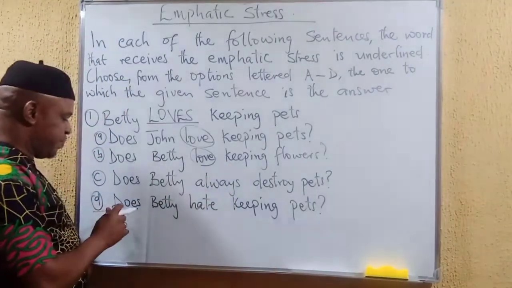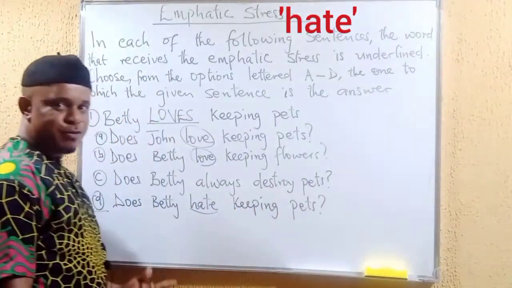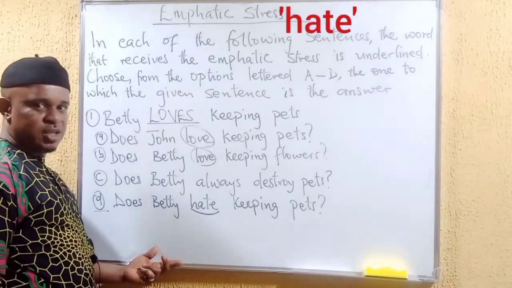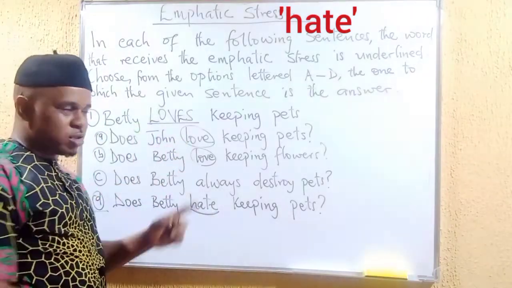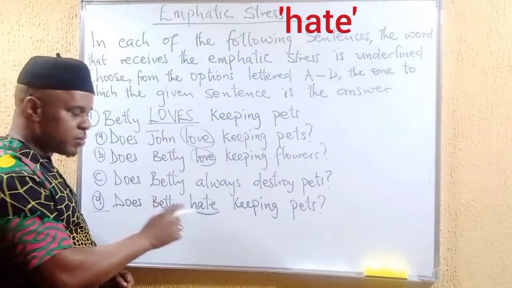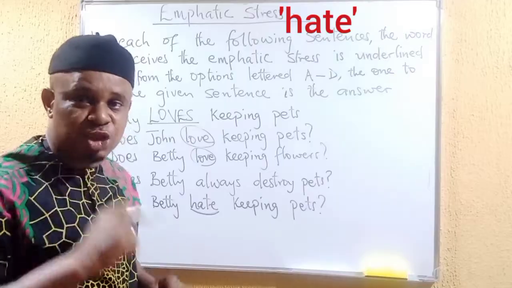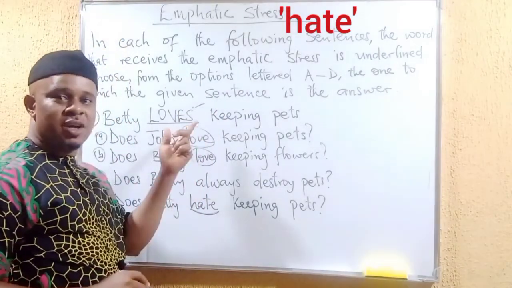Okay, finally, does Betty hate keeping pets? Now, from this last option, have we seen the contrast, which is hate? The opposite of love. This one is not talking about love anymore. This last option is emphasizing hatred, which is the opposite or the contrast of what? Of love.